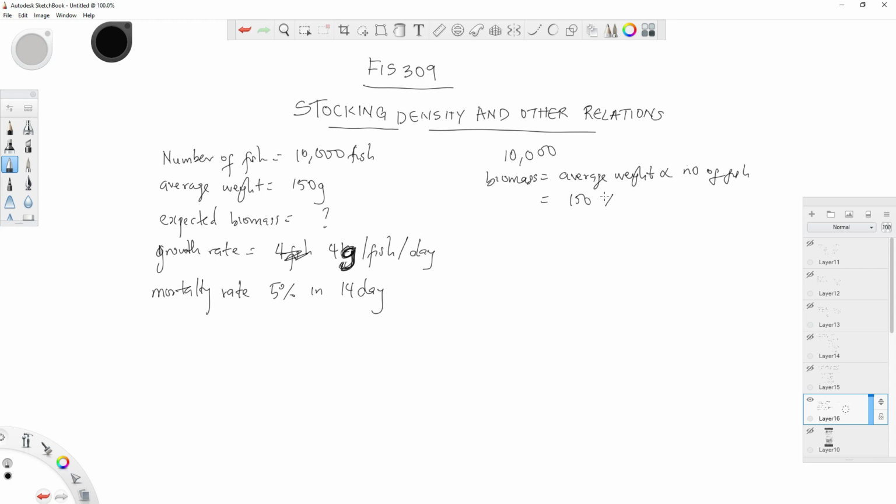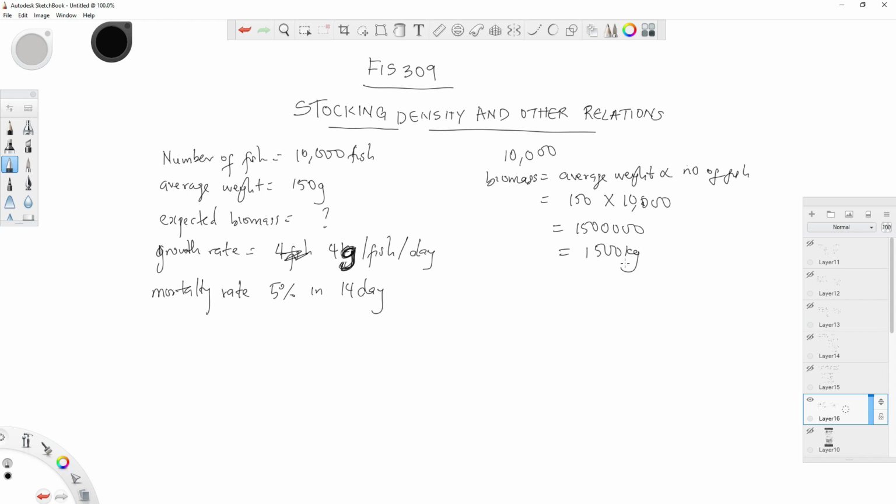So 150 times 10,000, that's 150,000 grams. Let's just convert it to kg. This is it in kg. This is their biomass currently.